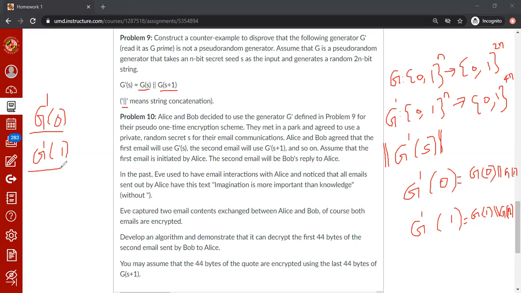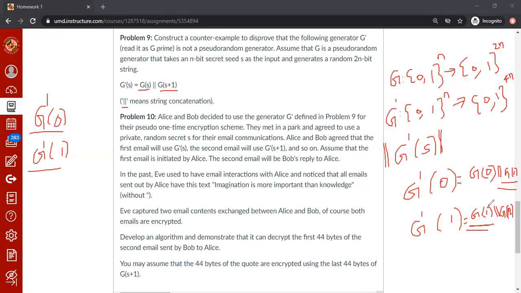However, if we are interacting with this pseudo-random generator, all we have to do is look at the least significant 2n bits of G prime of 0, and the most significant 2n bits of G prime of 1, which is this portion.